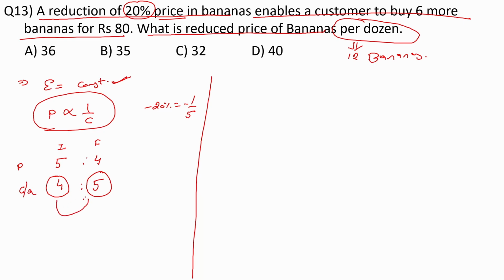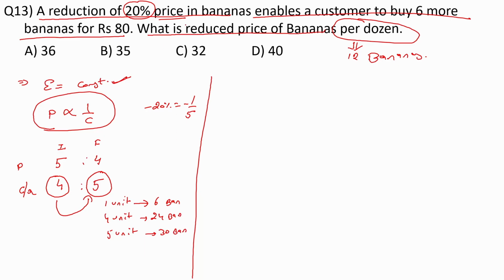So the increase in quantity is 1 unit, and the equivalent value of 1 unit in the question is given by 6 bananas. So the value of 4 units would be 24 bananas and the value of 5 units would be 30 bananas.